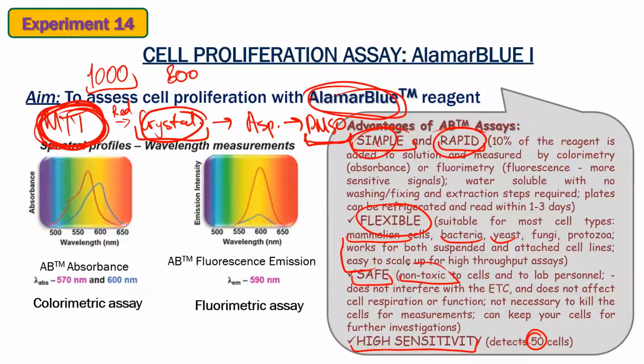So cells do not obtain any harm from this particular reagent. Of course, it's safe for lab personnel. It does not interfere with the electron transport chain. So if you want to use the same cells after you've done the cell proliferation assay, you could do that because, again, it is safe.